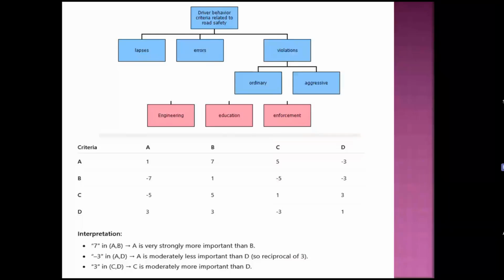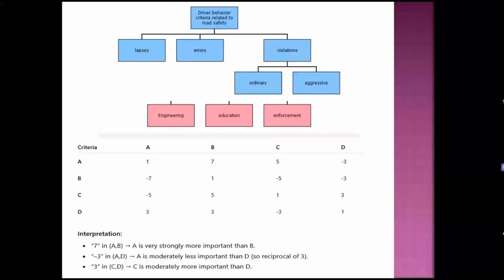So you can see in the criteria, for example, if someone selects 7, in interpretation it means A is very strongly more important than B. We take it from rows to columns. So with -3 in AD, we can say that A is moderately less important than D. If we want to give a negative value, it means it has less importance than the other.